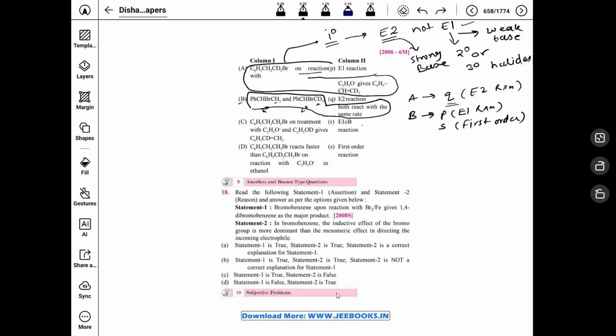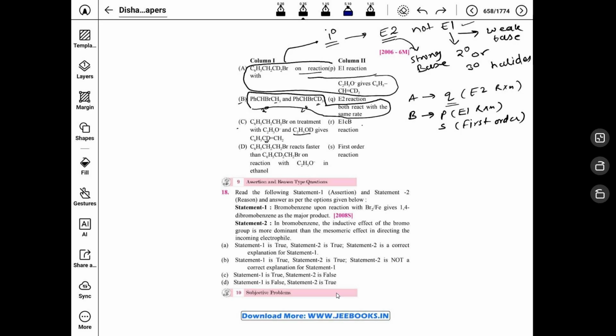Now look at the C. So this is a primary halide on treatment with ethoxide and this deuterium labeled ethanol gives alkene, and in this alkene you can see that deuterium is coming on this carbon. What does it mean?